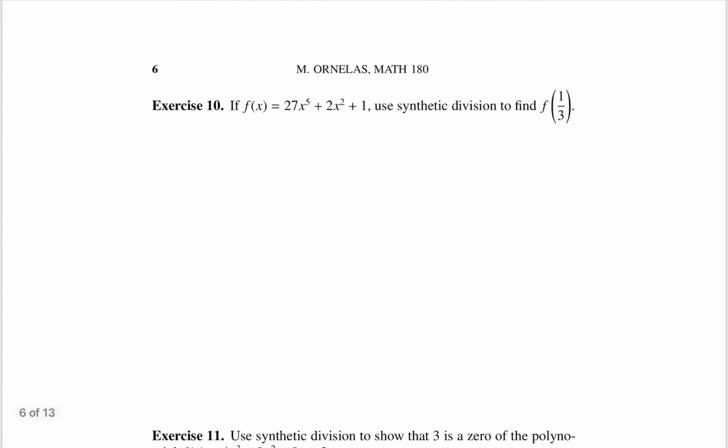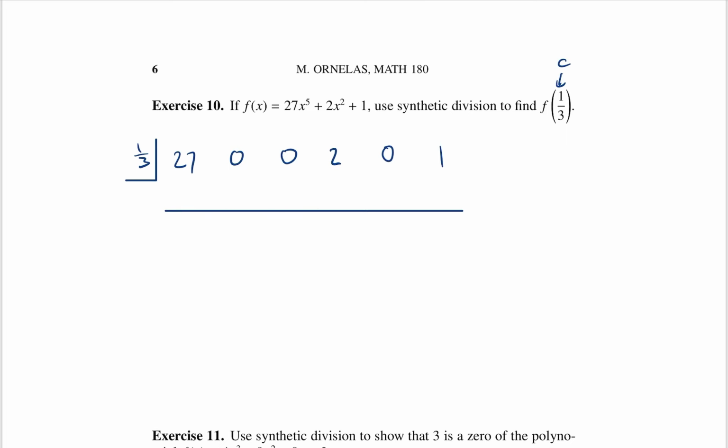If f of x is given as that function, use synthetic division to find f of 1/3. Well, notice that c is already given to us. That is your c. So that goes into the upper left box. The coefficients are 27, 0 for x to the fourth, 0 for x to the third, 2 for x squared, 0 for x, and 1 for the constant.